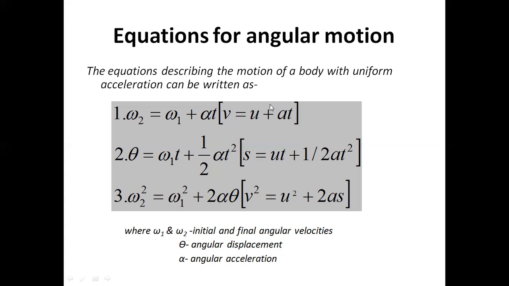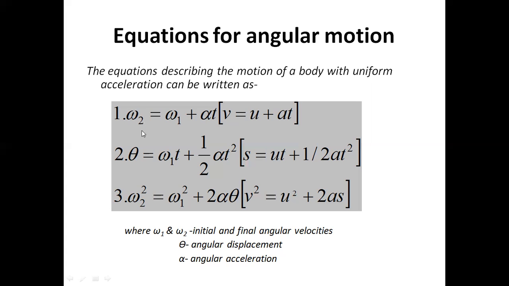Just what we have to do is replace the linear displacement s by theta, initial velocity by omega 1, final velocity by omega 2, and linear acceleration a by alpha. If you replace those things, we get the equations for angular motion.